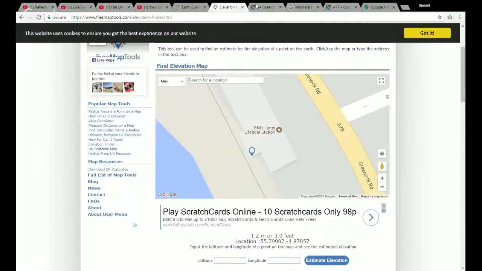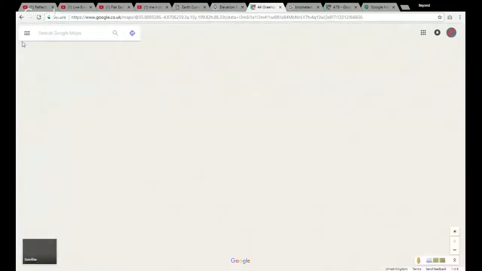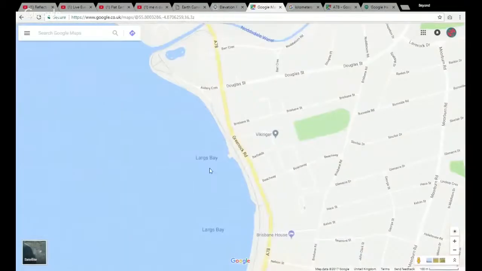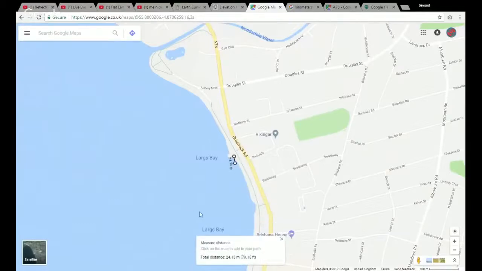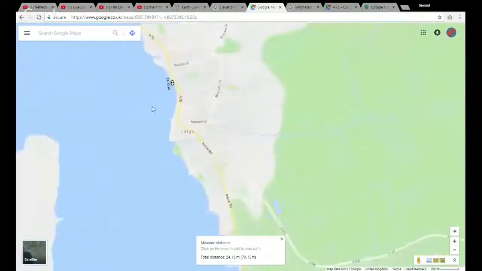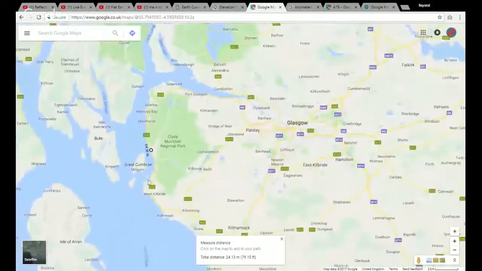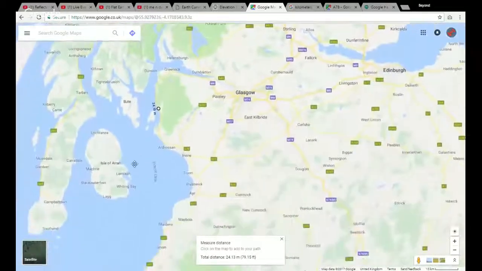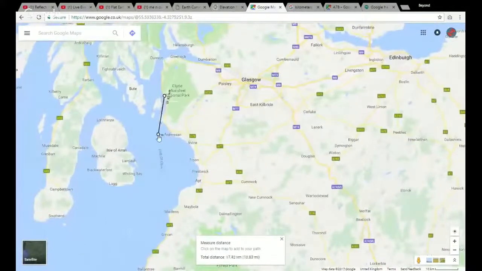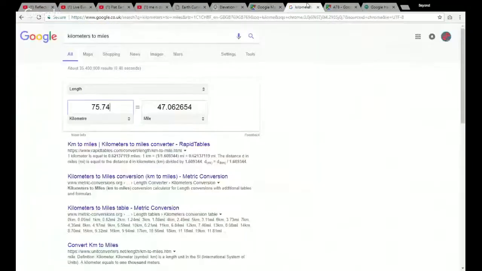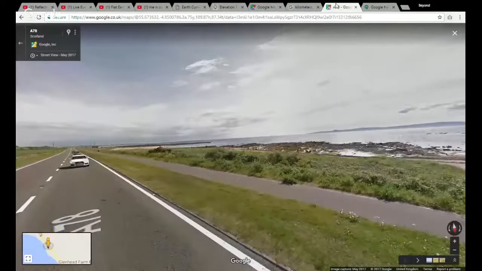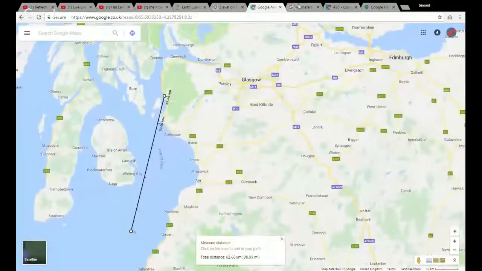The distance. There we are, 62.66 this time, so it's kilometres.